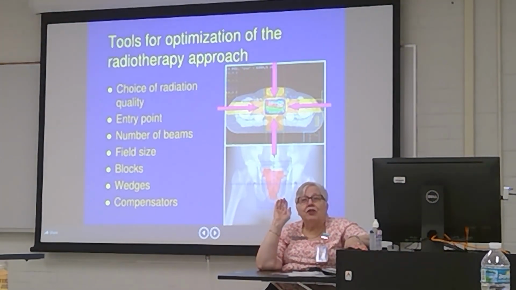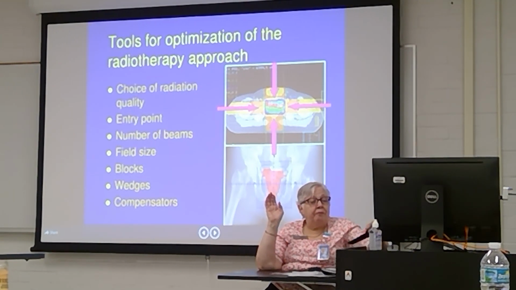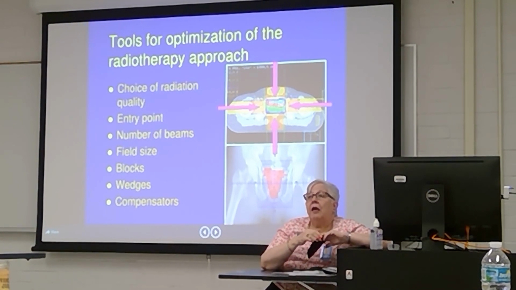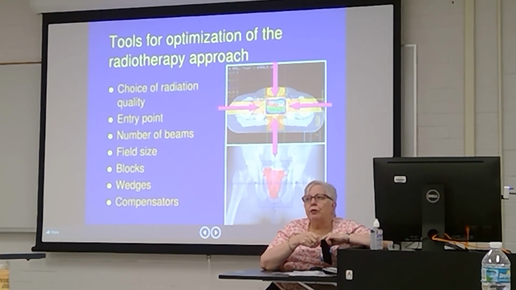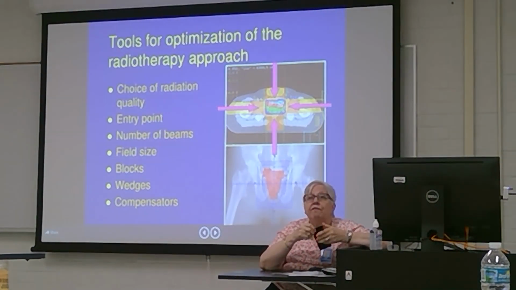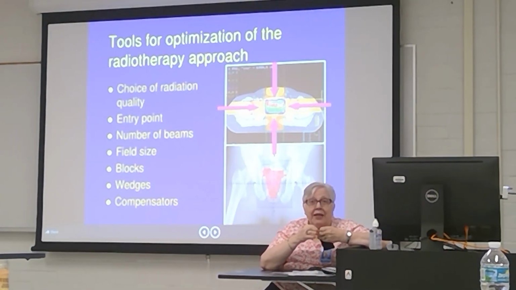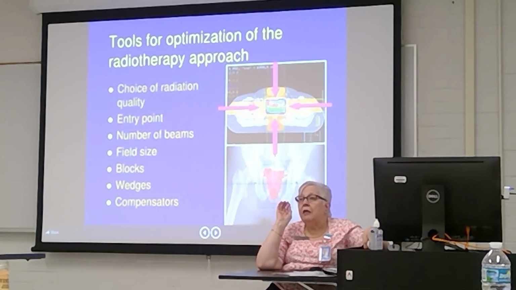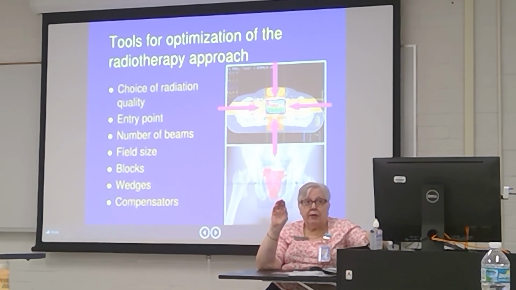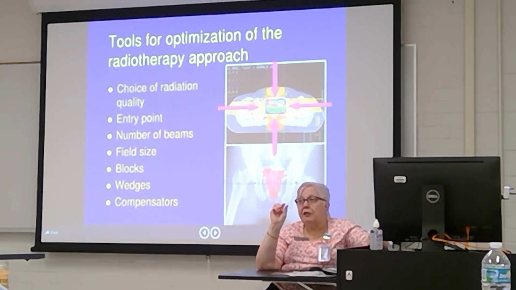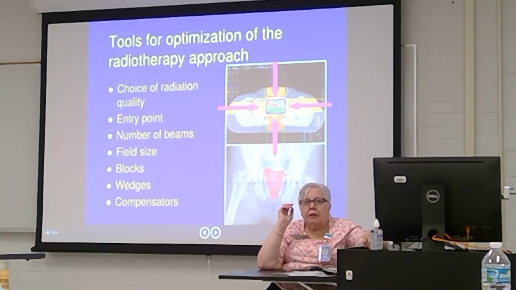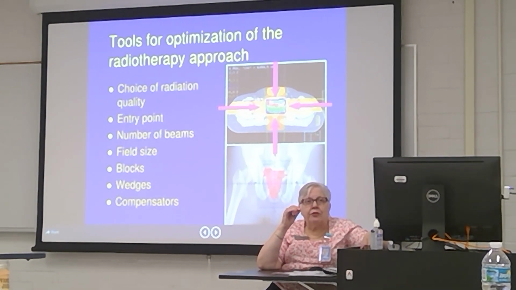Anyway, tattoos are done in CT. Unless you're really, really good or really, really lucky, your tattoos very, very seldom match where the isocenter is. It's maybe only half a centimeter out, but they're usually different from the treatment entry points.